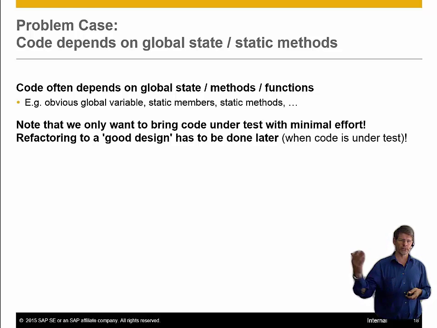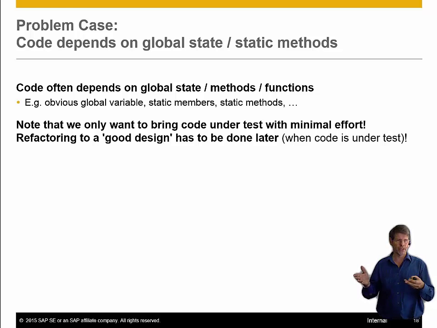For instance, if you look at the initial example, going to the file system, reading a configuration file, you don't want that. So this is another static method, and the file system is the ultimate static, anything going out into the context. So we have to do whatever we need to do to bring the code under test with minimal effort. And refactoring to a good design is a later concern.